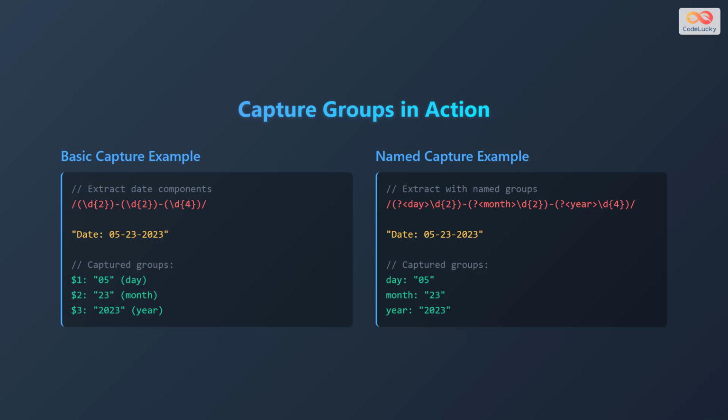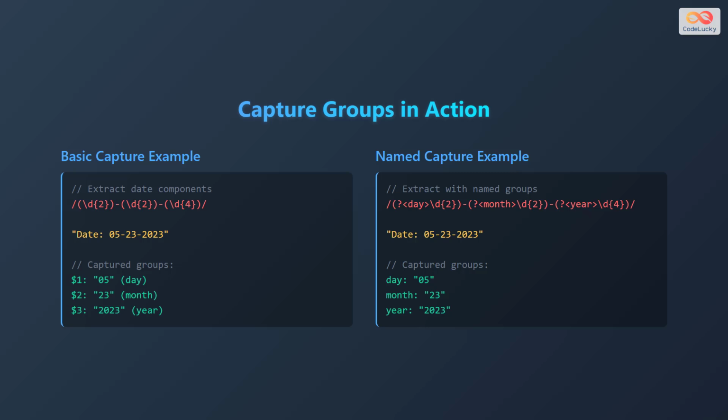Let's see capture groups in action with some examples. In this basic capture example, we extract date components. The regular expression (\d{2})-(\d{2})-(\d{4}) is used on the string date 05-23-2023.